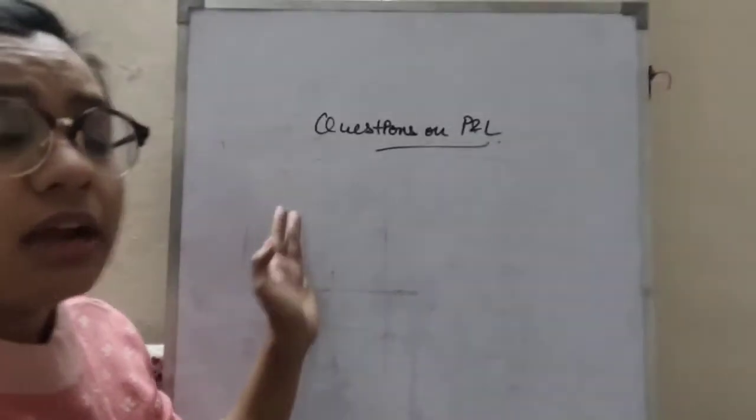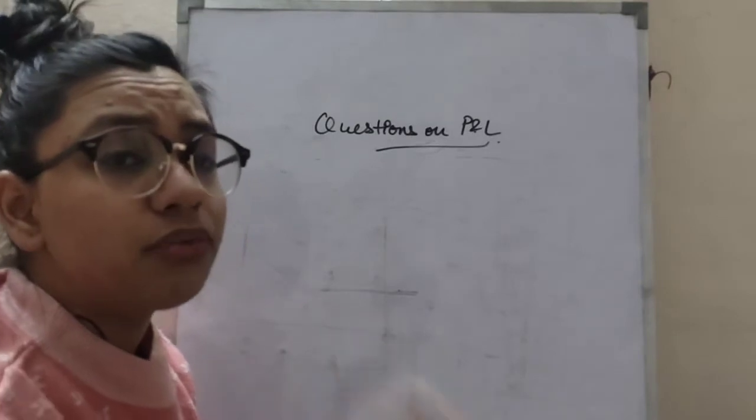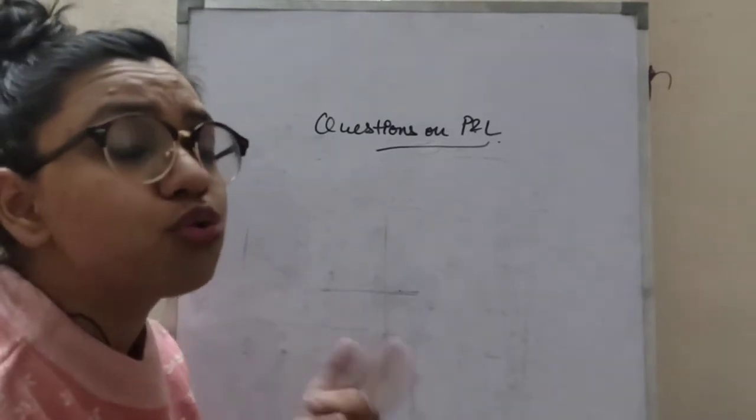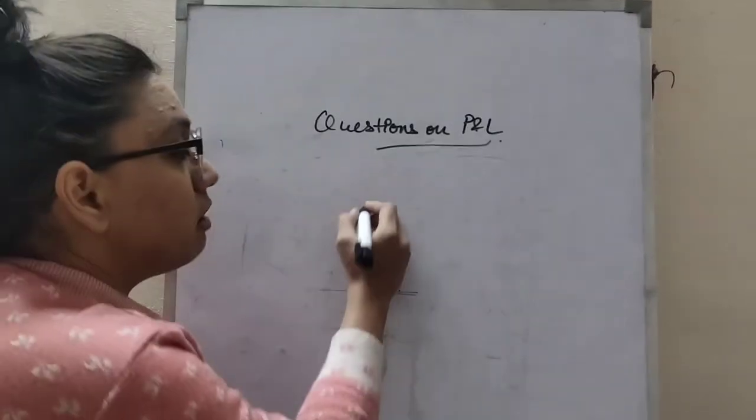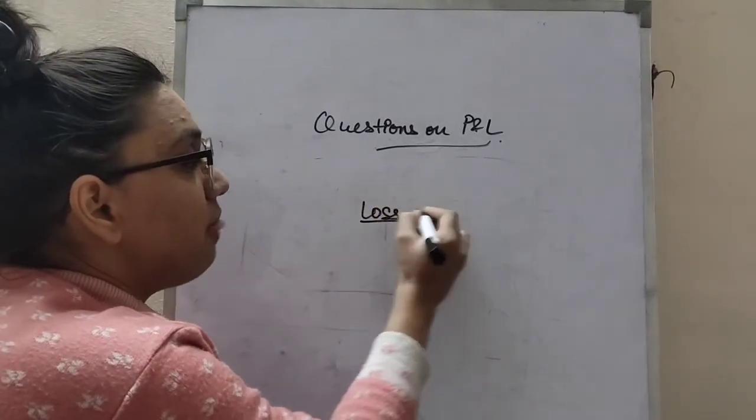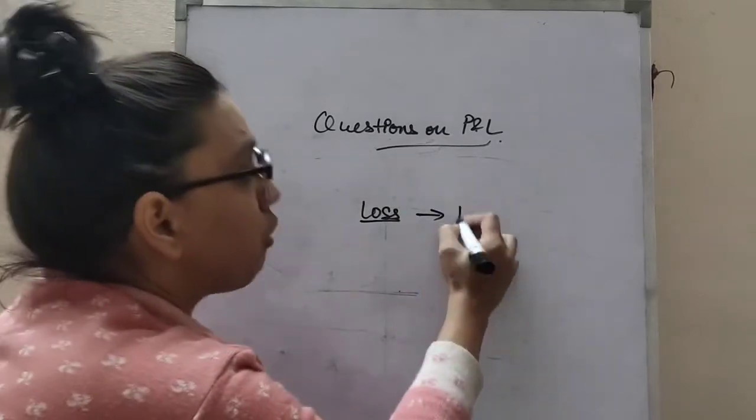Now, a very first thing, in last class I had made you understand the first question wherein we were supposed to calculate the actual SP. Earlier we were having a loss and then we had to work with the profit part.